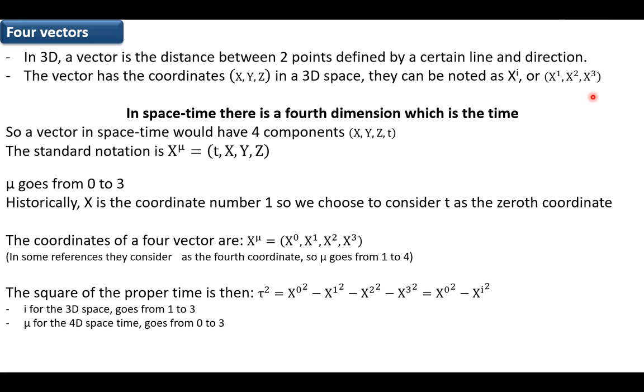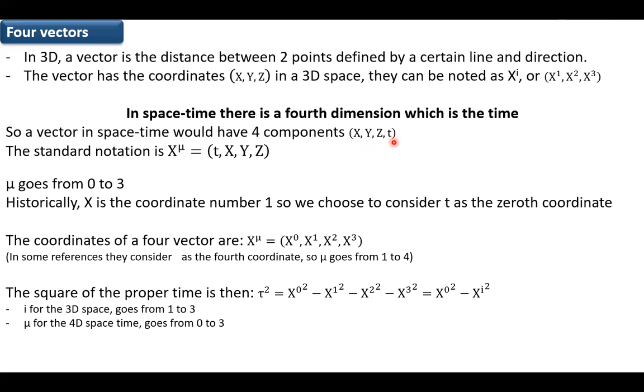Now, if you go to space-time, so in a 4-dimensional space, you have a 4th dimension, which is time, as we explained in previous videos. So now you have x, y, z, and t.